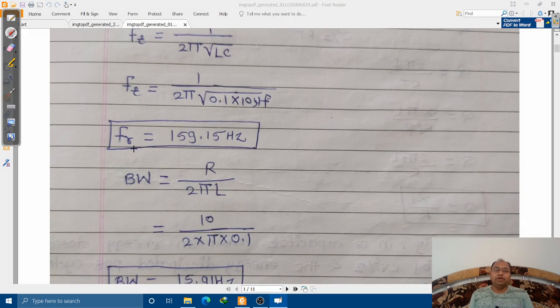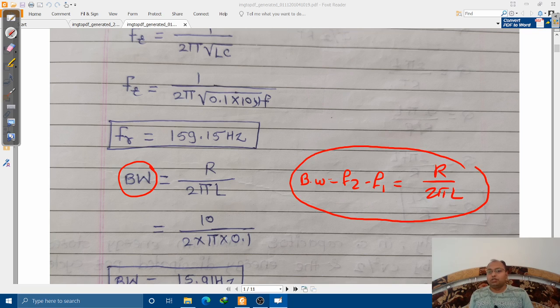Once we have got FR, now let us calculate bandwidth so that we can compute quality factor Q. We have derived this equation: bandwidth is equal to F2 minus F1, which is equal to R divided by 2 pi L. This equation we derived in the previous lecture itself, so you need to remember this.